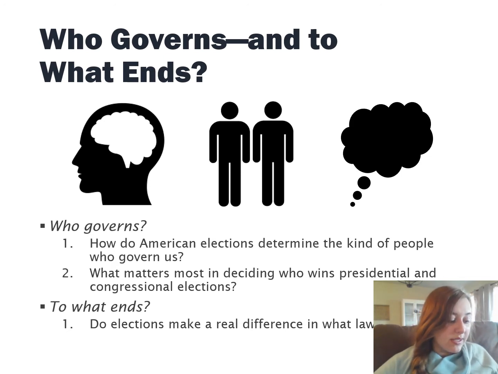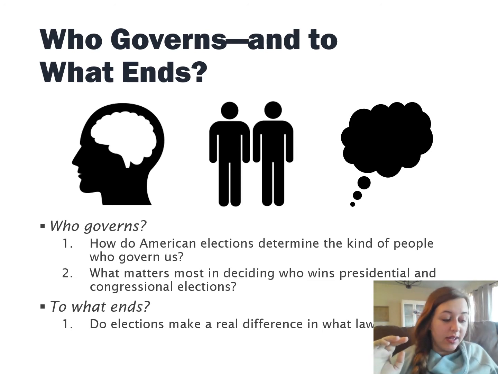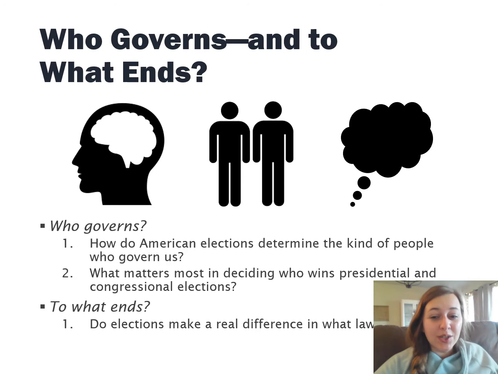What matters most in deciding who wins? Really, it's about who turns out to vote and what their party identification is. It's estimated that only about 10 to 20% of American voters are true independents who could be swayed in a given election. And so a lot of the election comes down to, can you turn out your base?